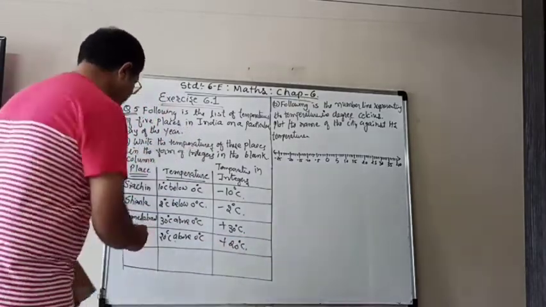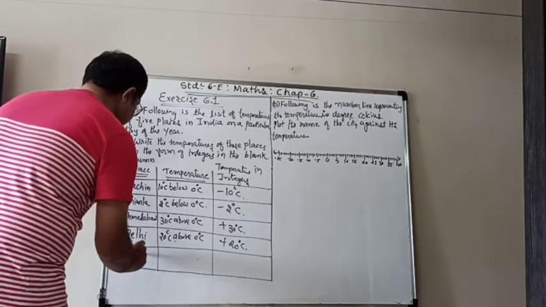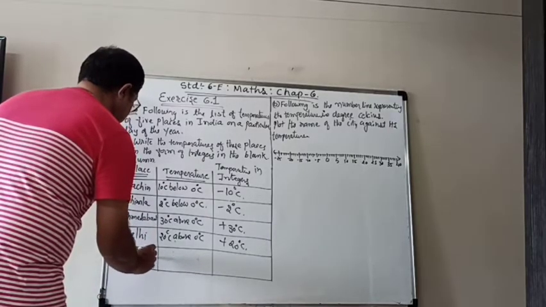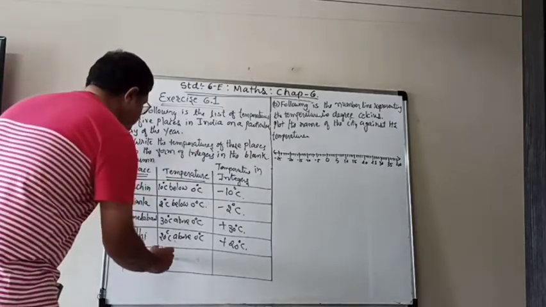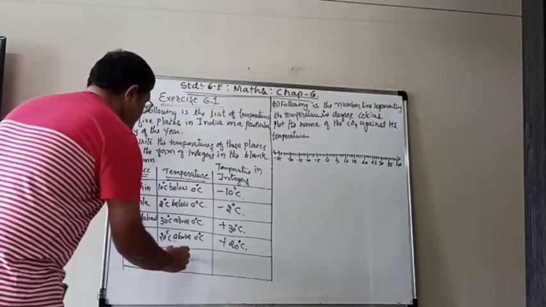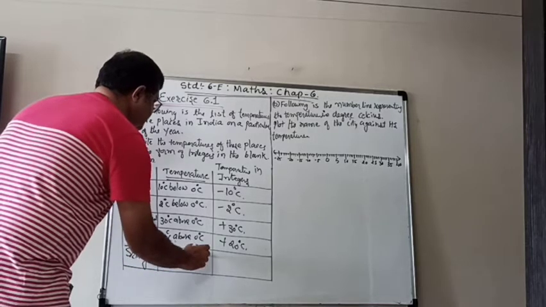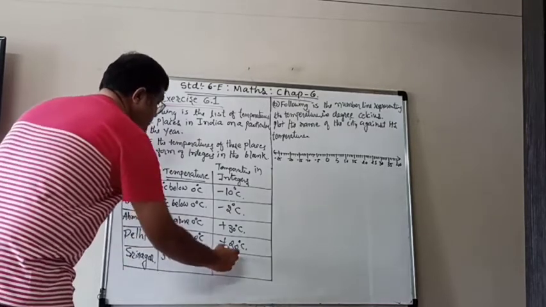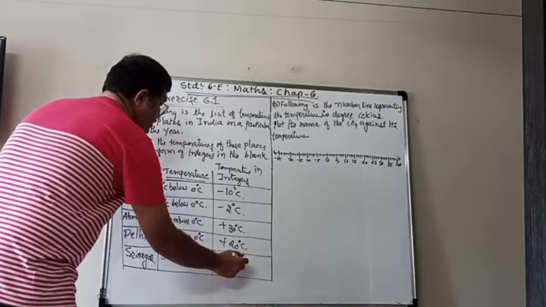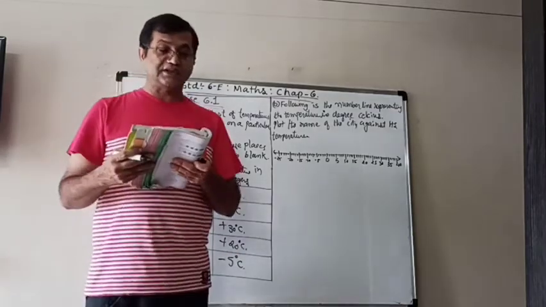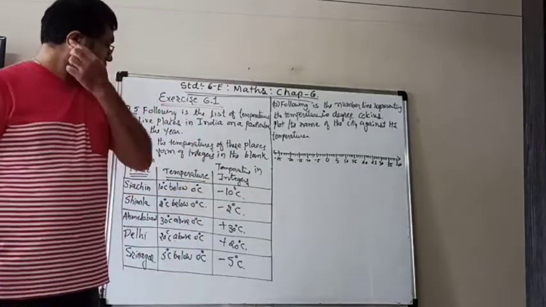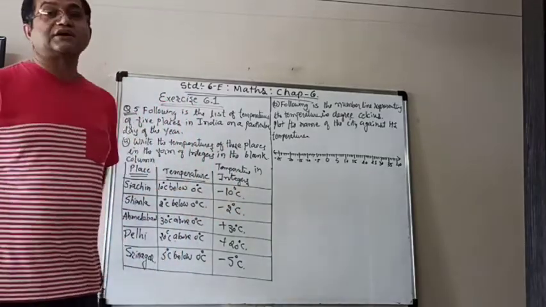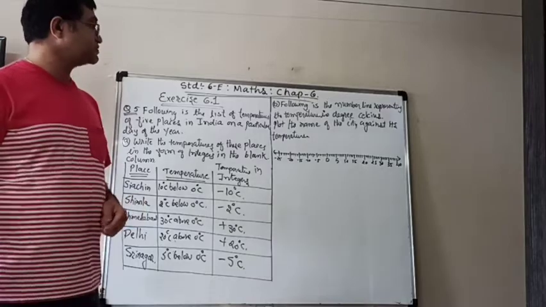And the last place is Srinagar. Srinagar has the temperature 5 degrees Celsius below 0 degrees Celsius. So below means minus 5 degree Celsius. So now by this way we represent the temperature in integers.